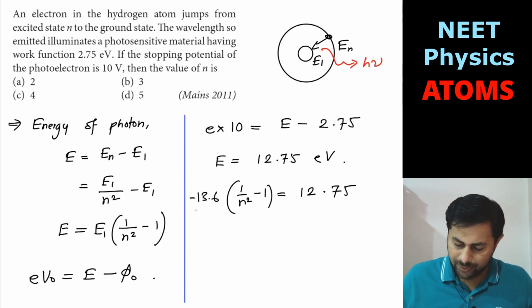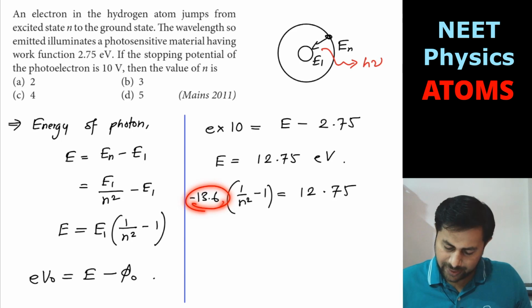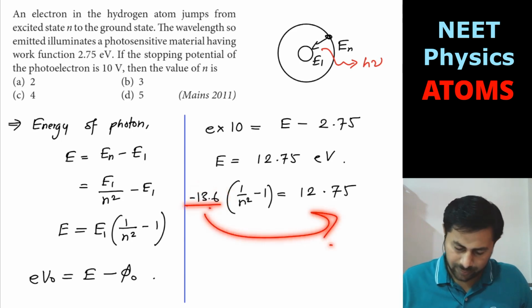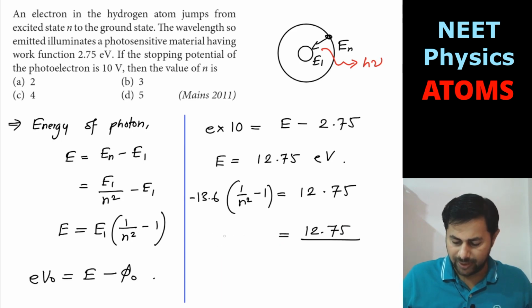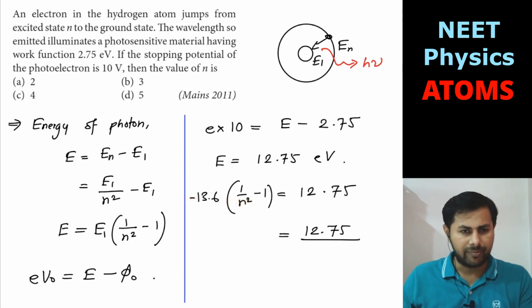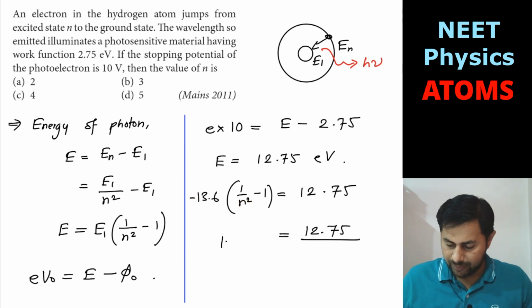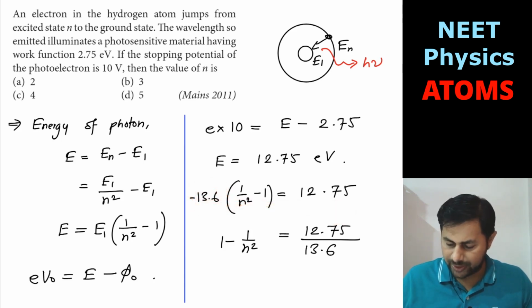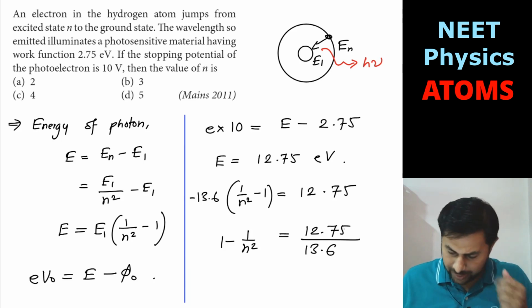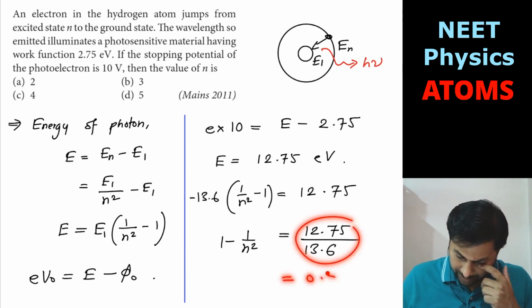Take this 13.6 on that side, so 12.75 divided by 13.6 would be equal to minus of 1 by N square minus 1. Or you can absorb that negative sign inside, so it will be 1 minus 1 by N square equal to 12.75 divided by 13.6, which is nearly 0.9 or something, I guess.